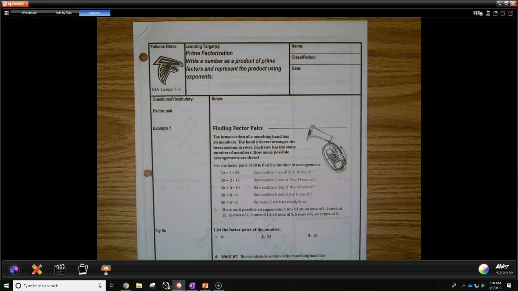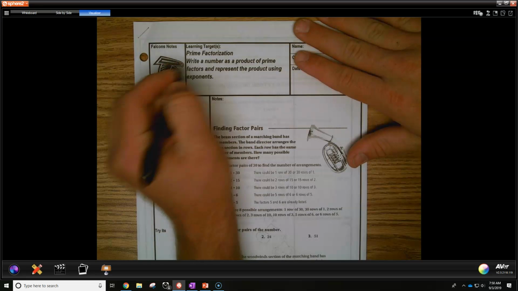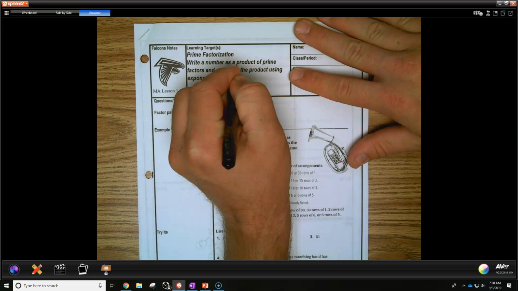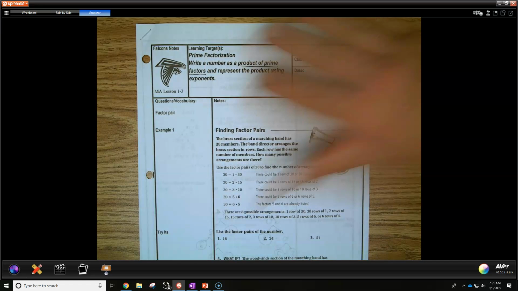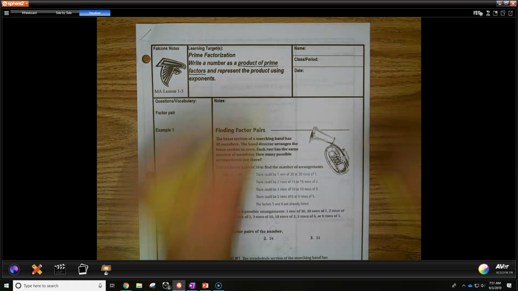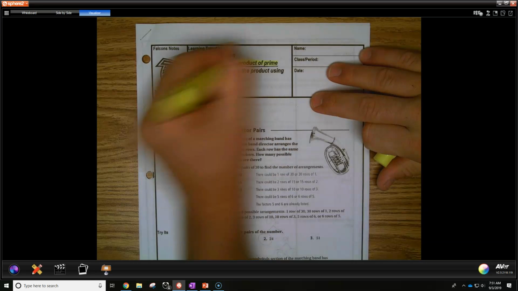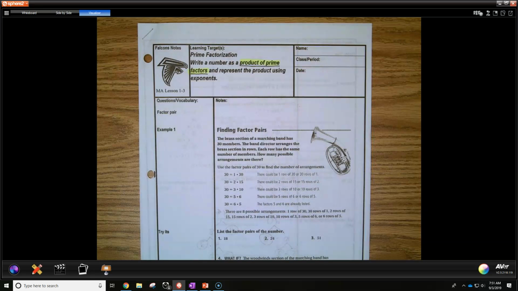So when it says, I will write a number as a product of prime factors, on your notes, you can highlight and say product of prime factors.